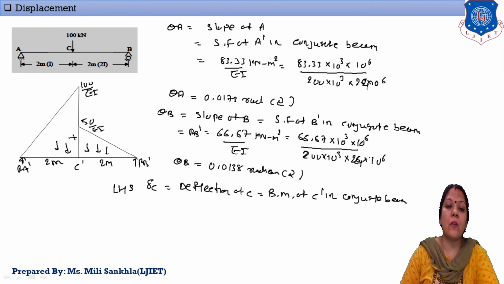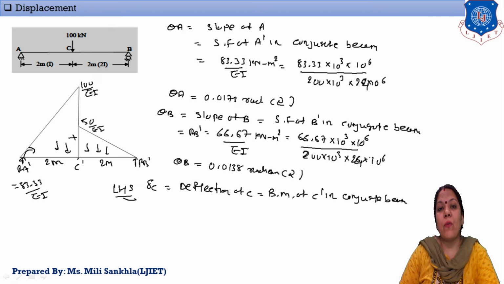At the left hand side our RA is equal to 83.33 by EI, and this support reaction rotates clockwise and the given forces rotate anti-clockwise. At the left hand side, clockwise is plus, anti-clockwise is minus. So first of all, mention RA into distance 2 meter.